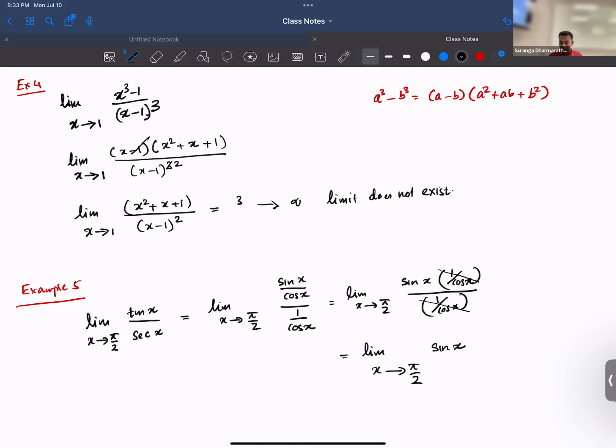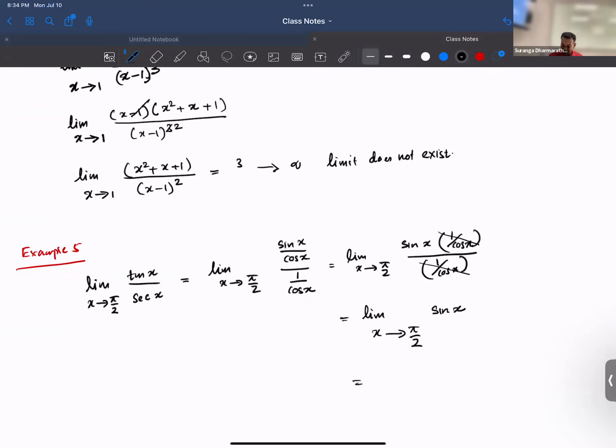So now, when x goes to pi over 2, what happened to sine of x? Is it a continuous function? Sine of x at pi over 2? Yes. And then we can do substitution, right? So now what is sine pi over 2? Sine 90, sine pi over 2? 1. Okay, good, great. 1. So that's the limit. See that?